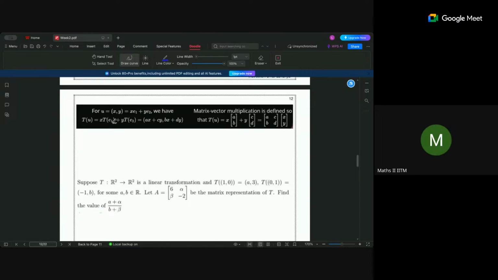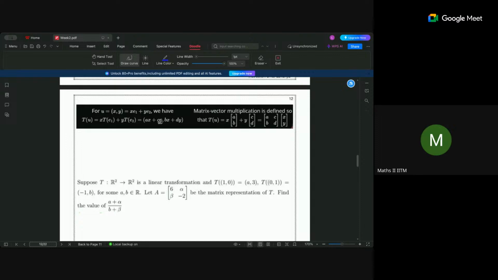Okay, so one thing you should note, this we have already seen. For a vector u which is x comma y, you can write it as a linear combination of e1 and e2. So Tu also can be found using this expression. Now the same we can see in terms of the matrix as well. So how to find T of u using the matrix?